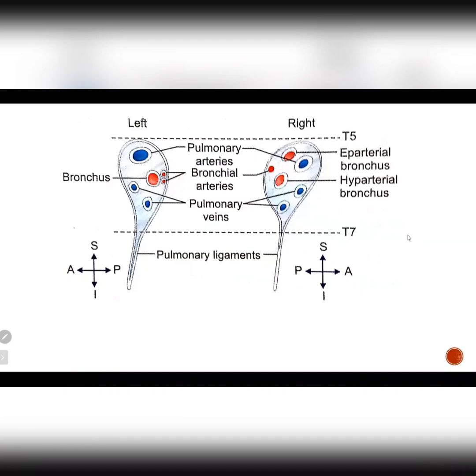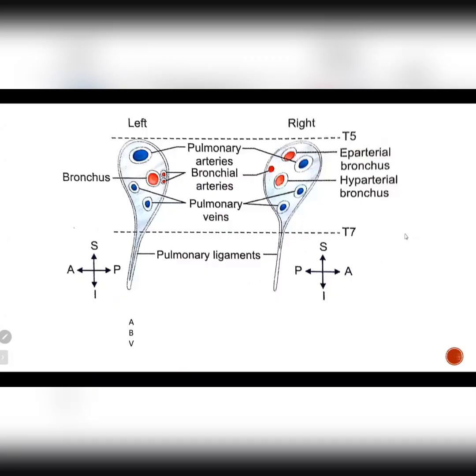When you take one look at the diagram, it's very easy to get intimidated because there are a lot of arteries, veins, and there are also bronchi. And these structures are slightly different also for the right lung and the left lung. So how to remember these structures? You can use an acronym.